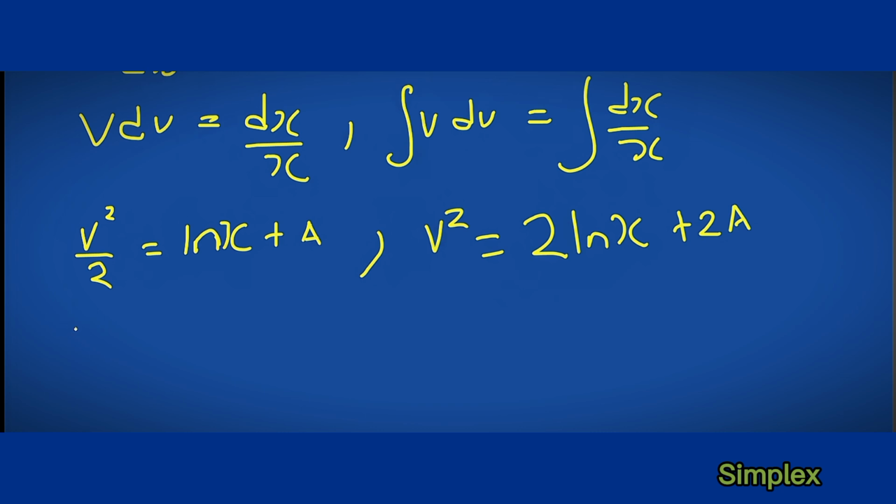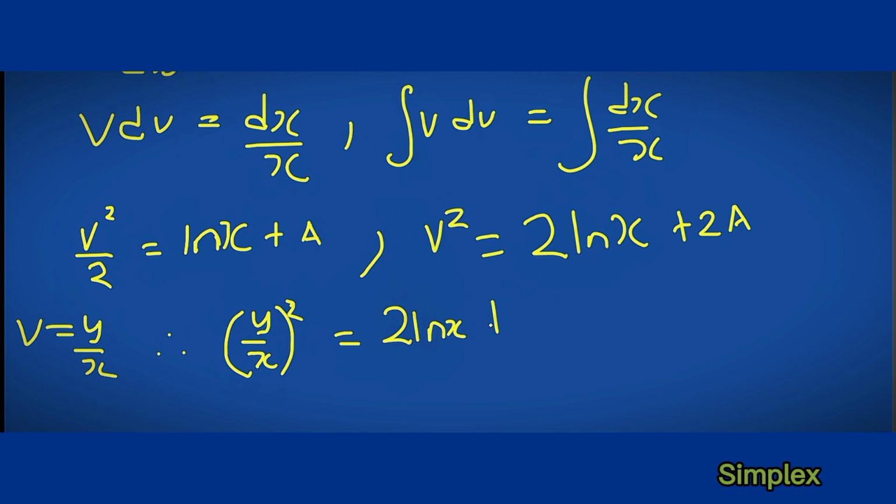So remember that v is equal to y over x. Therefore, (y/x) squared is equal to 2 ln x plus 2a. So we have y squared over x squared is equal to 2 ln x plus 2a.